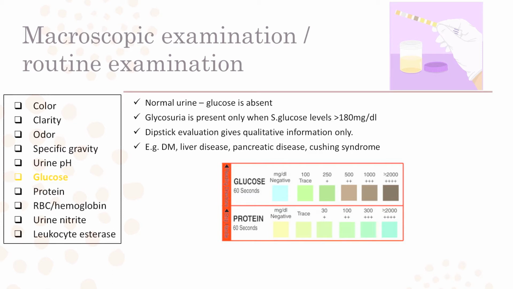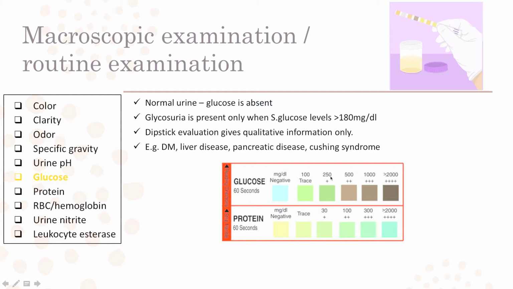However, the glucose in the urine is only present whenever the serum glucose level goes beyond 180 milligram per deciliter. So this is very important to understand, that if a diabetic person has a serum glucose, a blood glucose level of say 200 milligram per deciliter, then only his urine test will show positive for glucose, right?